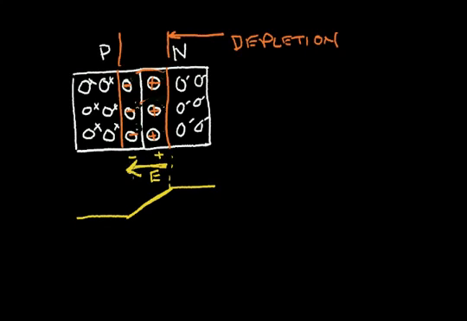It sets up an electric field that blocks further diffusion, and this results in a voltage differential in this region, and so there we have a net voltage change here. Now in part 2 we will talk more about this depletion region and how that forms a junction diode.